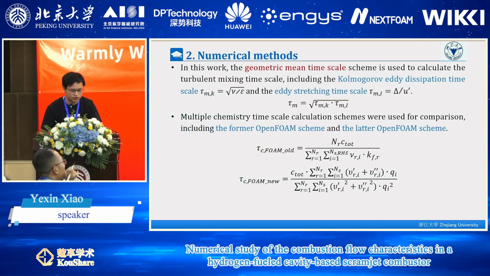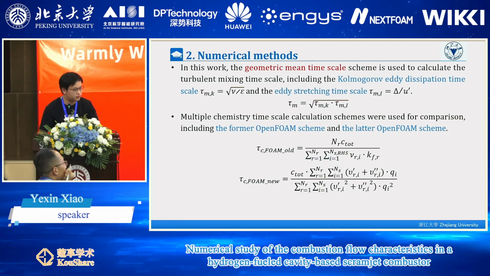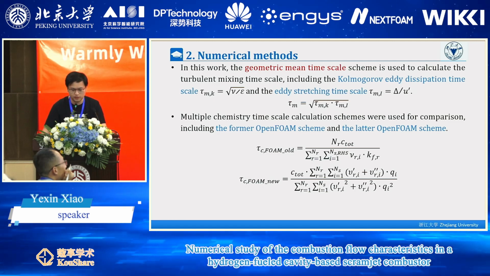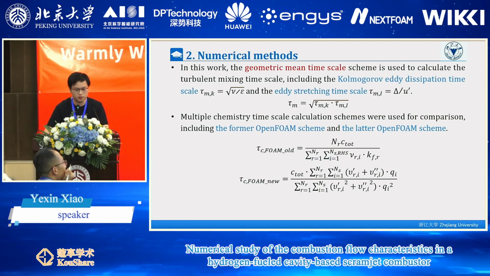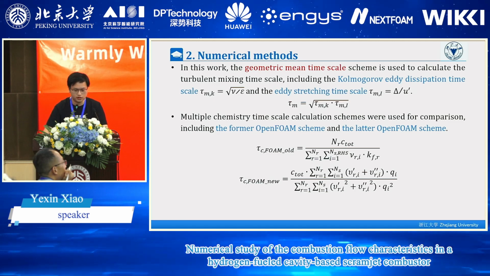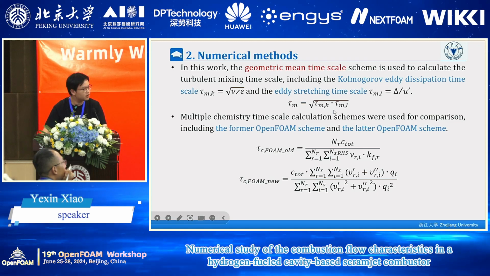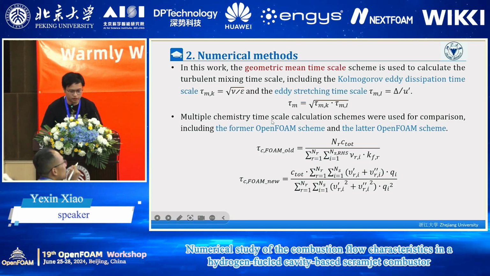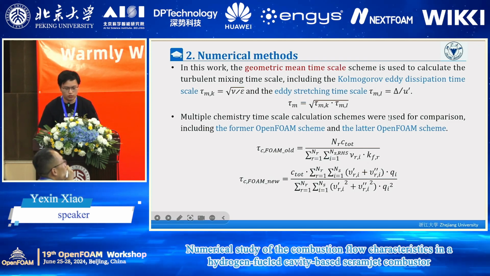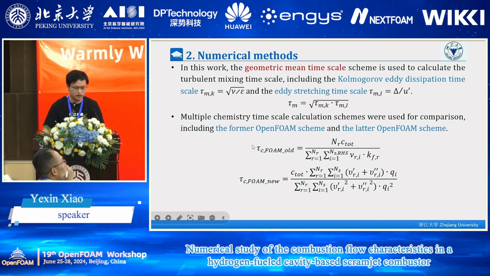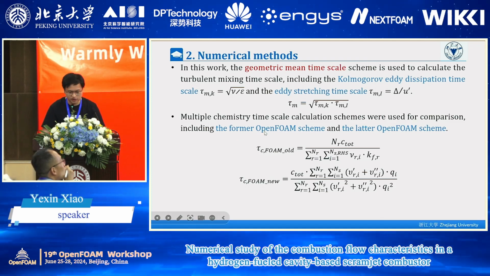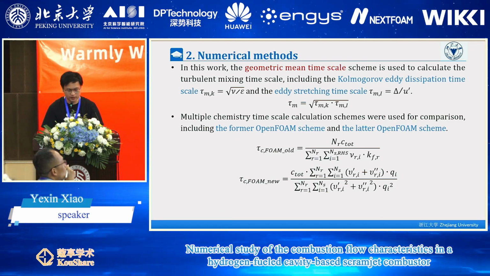And in this work, the geometric mean timescale scheme is used to calculate the turbulent mixing timescale, including the Kolmogorov eddy dissipation timescale and the eddy stretching timescale. Multiple chemistry timescale calculation schemes were used for calculation, including the former OpenFOAM scheme and the later OpenFOAM scheme.